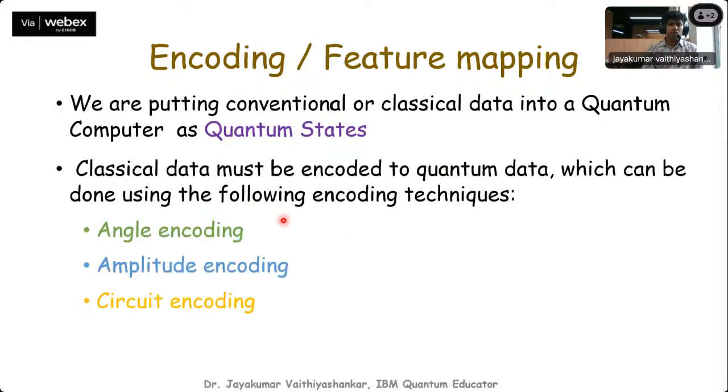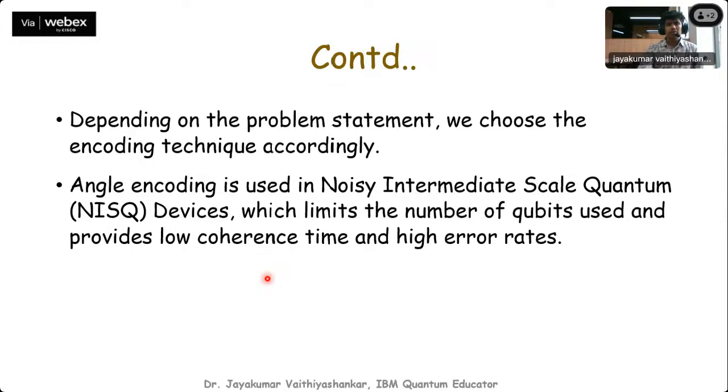There are three basic encoding techniques: you can use angle encoding, amplitude encoding, and circuit encoding. Depending upon the problem statement, we need to choose our encoding. Again, this is challenging. We are doing trial and error, and each and every time it will vary.